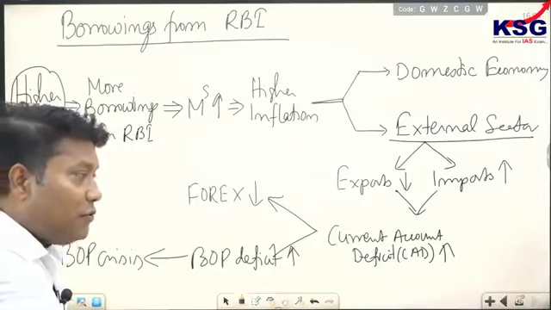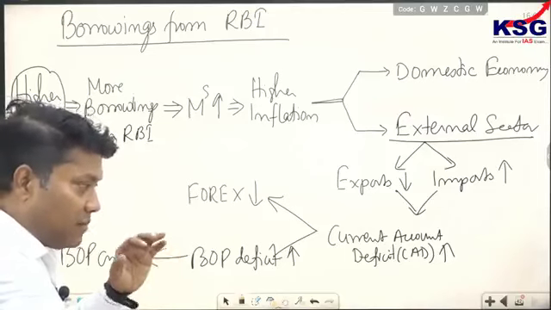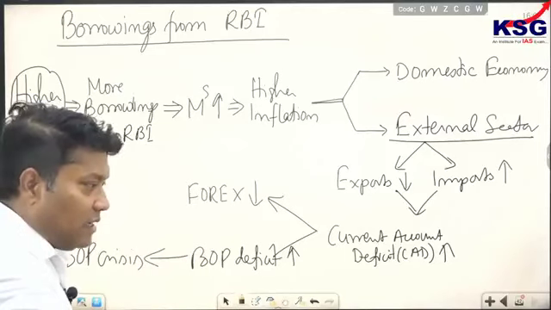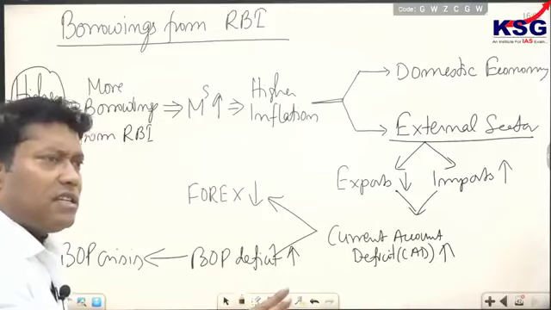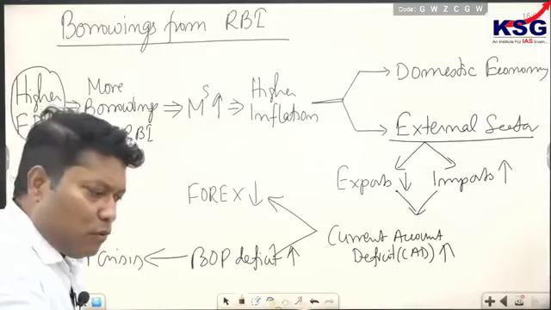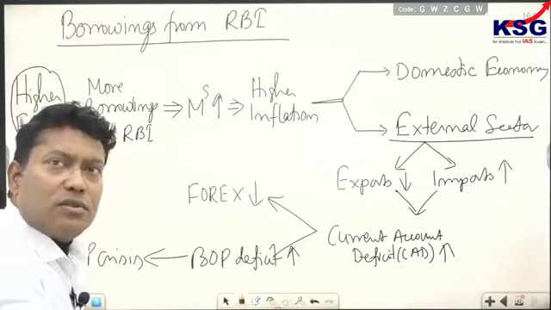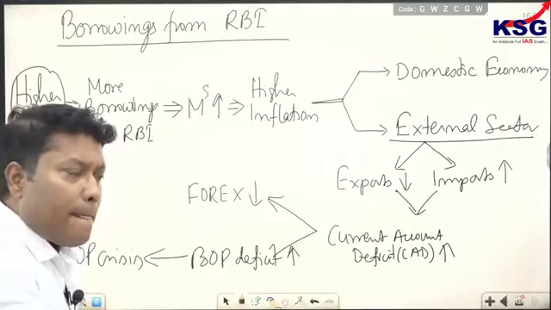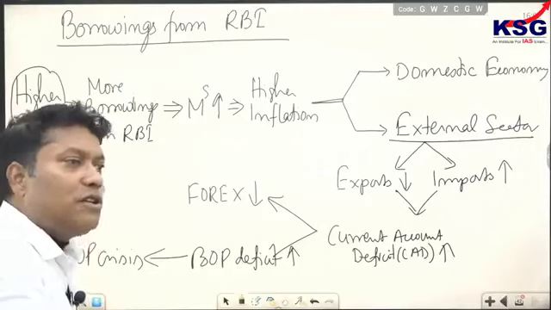So some states have started implementing projects and policies which are not going to create any assets or capital. Only due to populist measures, the government is spending huge amounts. And this expenditure, where do you put this burden?